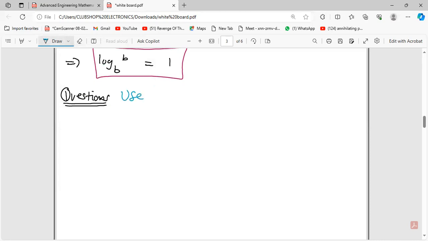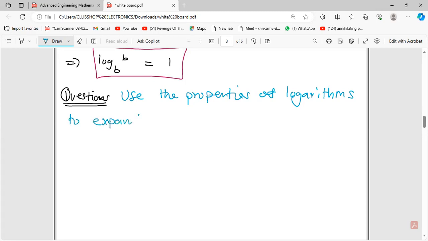Use the properties of logarithms to expand the following logarithmic expressions.